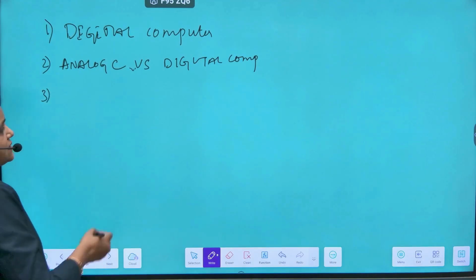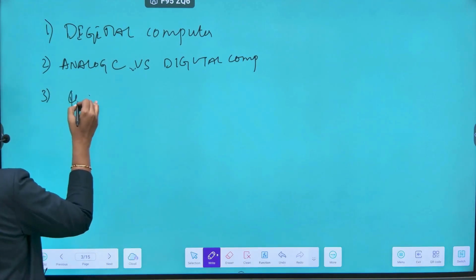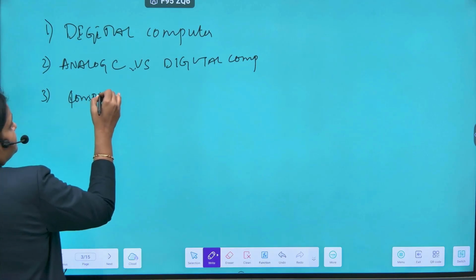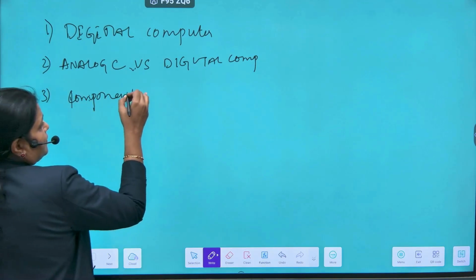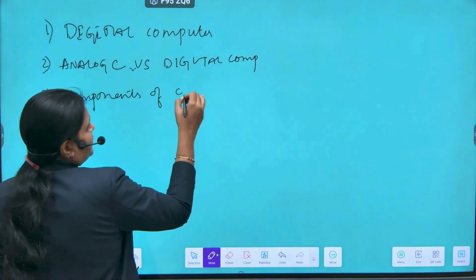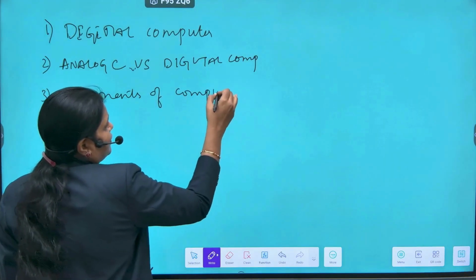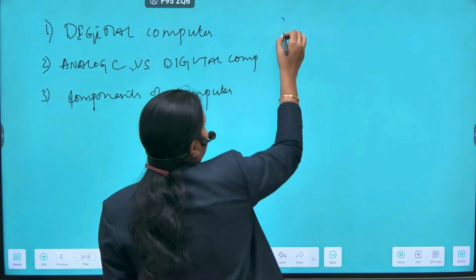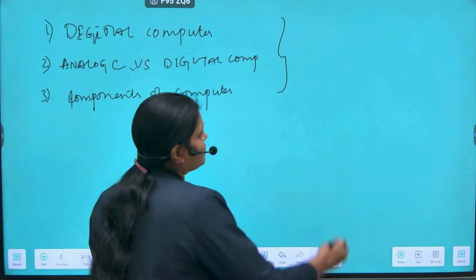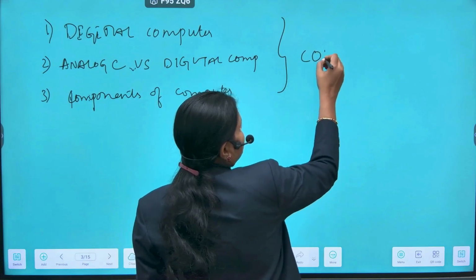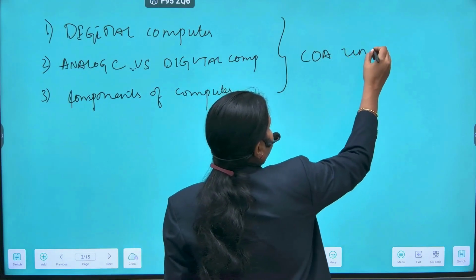Next we are going to discuss the components of computer. So these three topics are very important topics of computer organization and architecture, Unit 1.